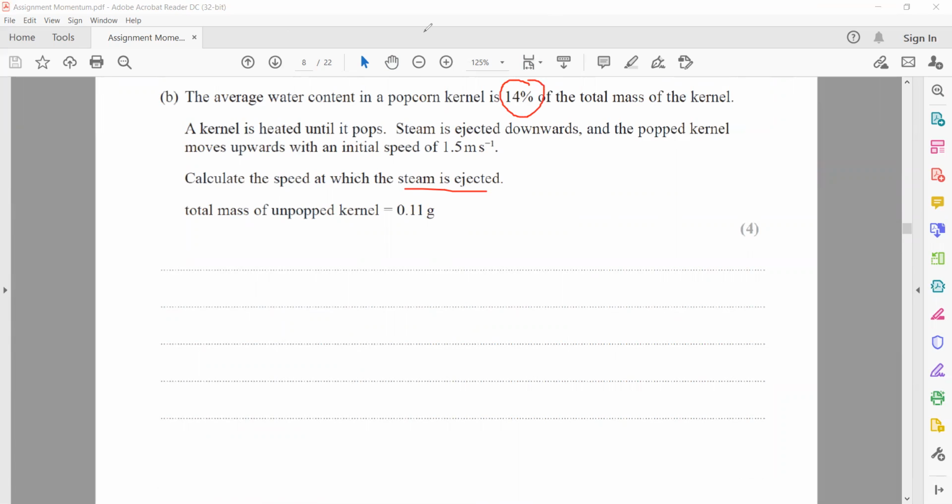So basically we will use the conservation of momentum, that if the kernel moves upward, the steam will have the same momentum, but it will move downward. And the mass of the unpopped kernel is 0.11 gram. And 14% of this mass is water, or we can say steam. So if initial momentum is 0, the final momentum should also be 0.